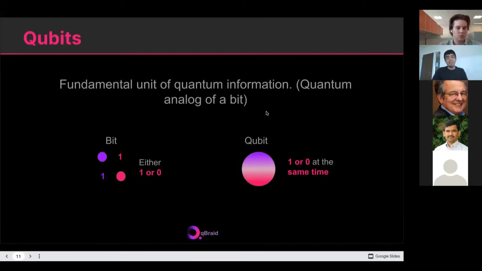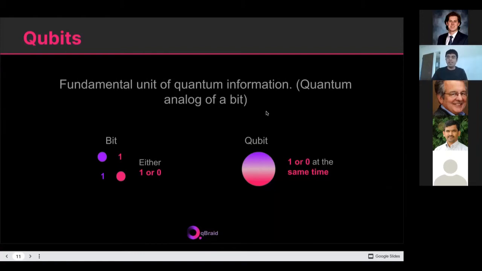So moving on to qubits. Qubits are a fundamental unit of quantum information. They are a quantum analog of the concept of a bit. So bits could be 0 and 1. Qubits could be 0 and 1 at the same time. The general state is given by alpha |0> plus beta |1>. Alpha, beta is said to be the wave function of the qubit, the general state of the qubit.